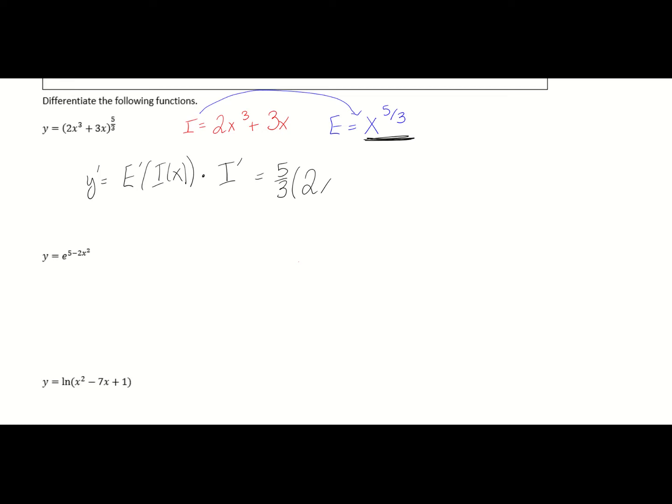We don't touch the inside. We subtract one from the top because that's how the power rule works, which is going to give us 2/3, times the derivative of the inside function, make sure to use parentheses, 6x squared plus 3. And there it is.